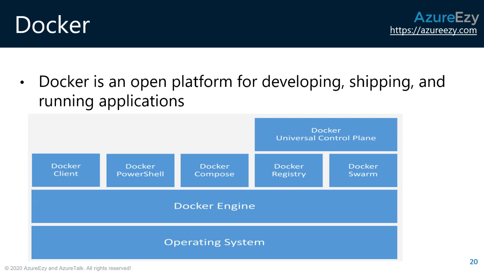Docker Swarm, I'm not going to cover just now. I will cover it a little bit later. These are the main basic areas whenever you use Docker: the Docker CLI, Docker Compose, or the Docker registry. The Docker registry is owned by Docker Inc. itself. They have a public registry and a private registry, so you can use both.